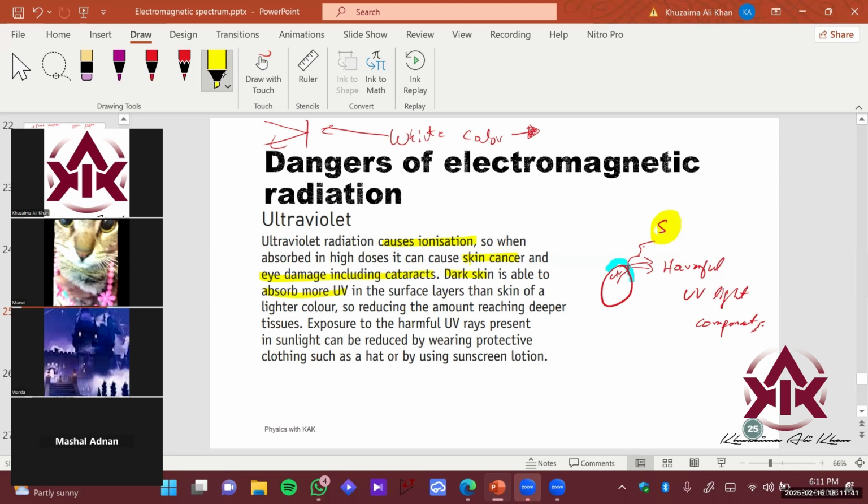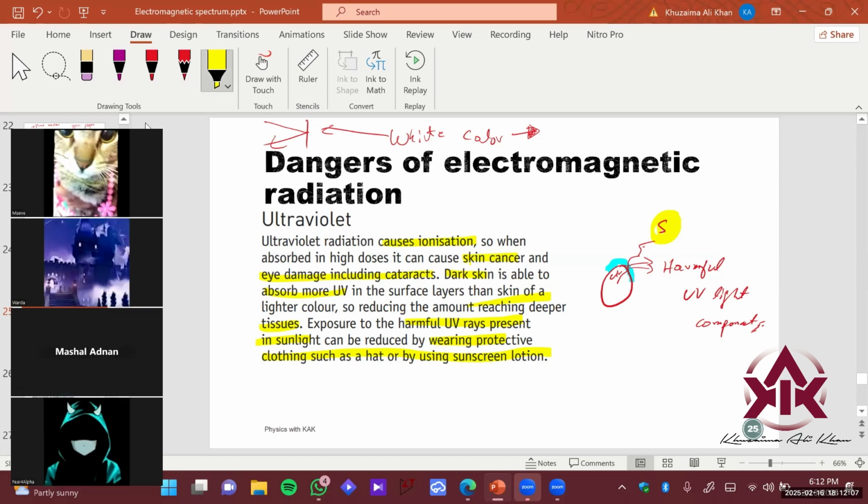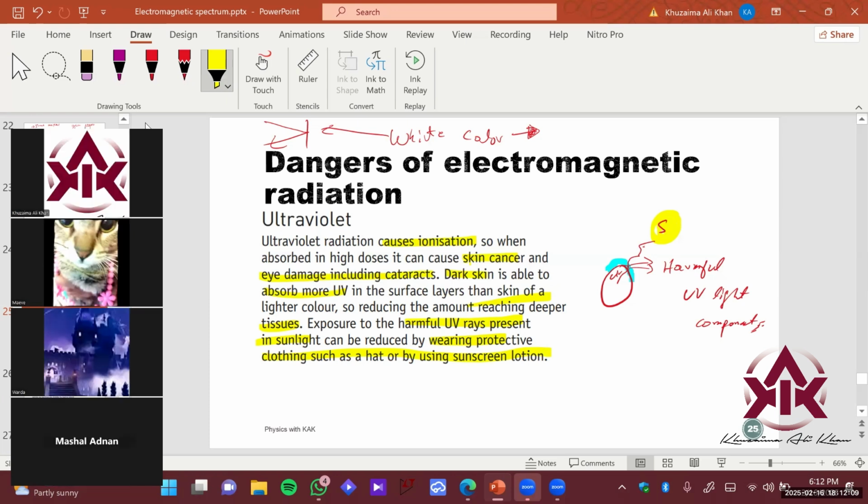So it can, in the surface layer of lighter skin, reduce the amount reaching deeper tissues. Exposure to the harmful UV rays present in sunlight can be reduced by wearing protective clothing such as a hat, or by using sunscreen lotion. If you're sun tanning, you can use sunscreen to protect against the ultraviolet crossing your skin.